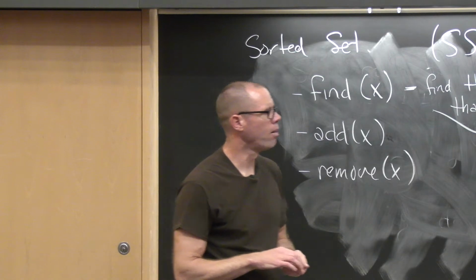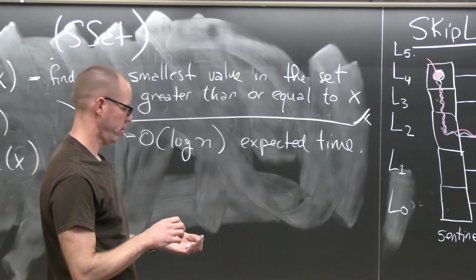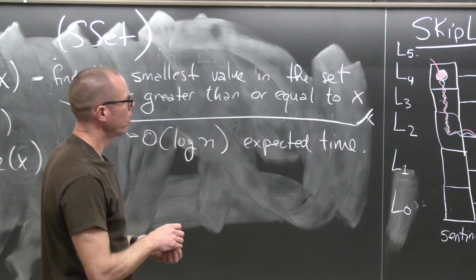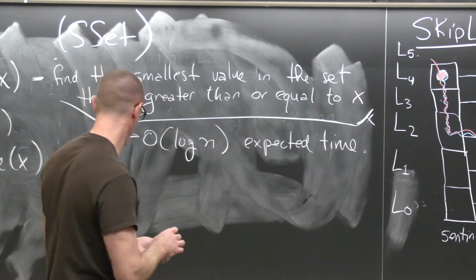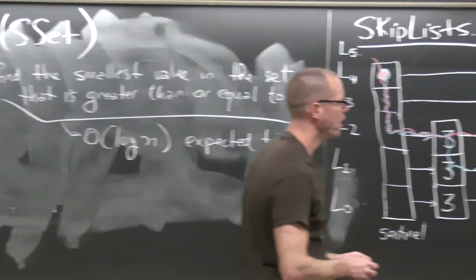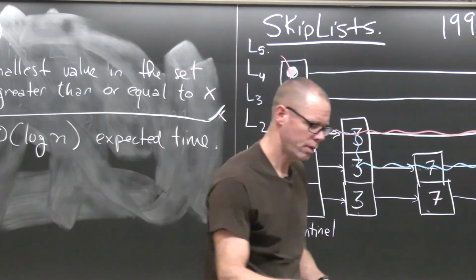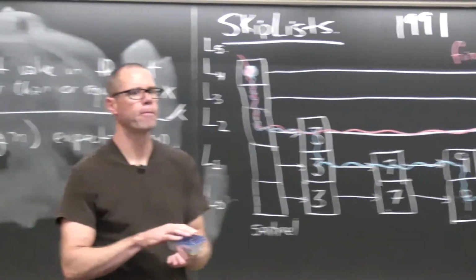So let's say I want to add, I don't know, let's do 35, say. So I want to add 35 into this list. How would you do that?